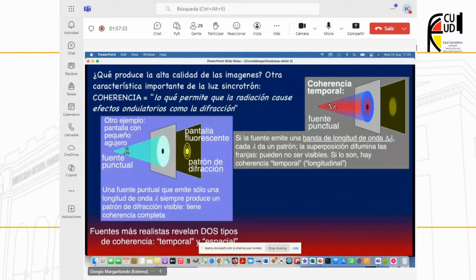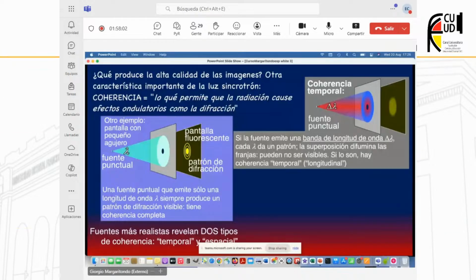Now, how can you understand this kind of coherence? Well, the simplest way is to realize that basically each one of the wavelengths in the band of wavelengths is producing a diffraction pattern. And what you see on the screen is the superposition of all the diffraction patterns. When you start doing the superposition, you may end up having just a blob.